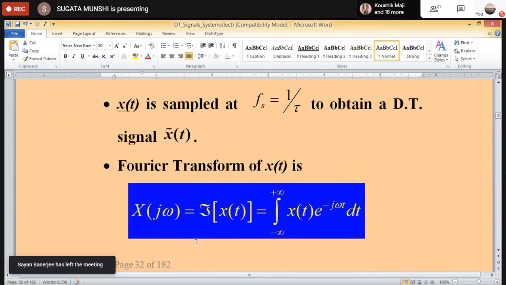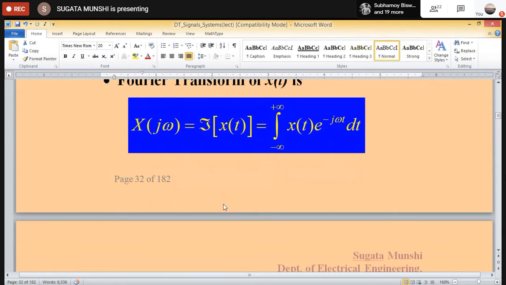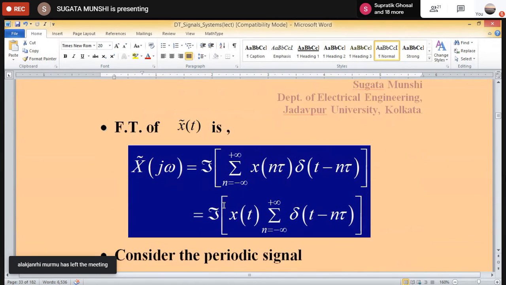What will be the Fourier transform of x hat t? Have a look at the continuous time mathematical model that we have developed. Now the Fourier transform of x hat t, X hat(j omega), is the Fourier transform of x hat t.